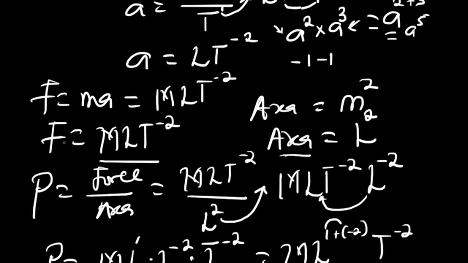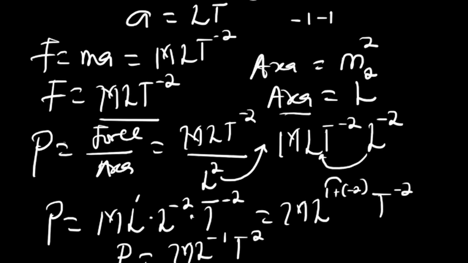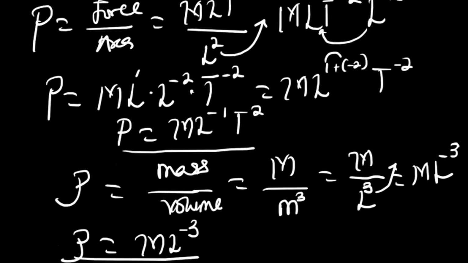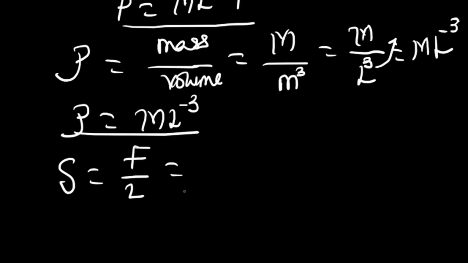Now, let's go ahead and substitute. Since we've already determined the dimension for force, see it here? The dimension for force is MLT^-2. So whenever we see force, we put MLT^-2. This is all over length, right?